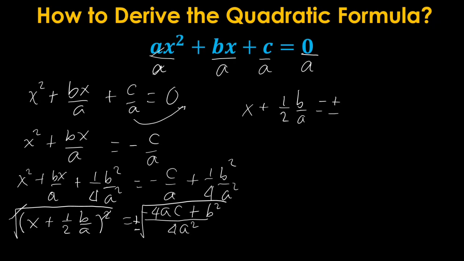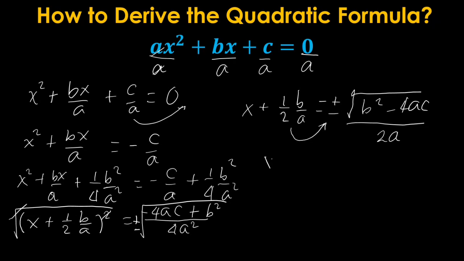Now we can arrange the terms of our numerator, which is equal to b squared minus 4ac. Our denominator can be extracted. The square root of 4 is 2, and the square root of a squared is a. Next, we're going to transpose this term to the right-hand side so that our x will be isolated on the left-hand side.